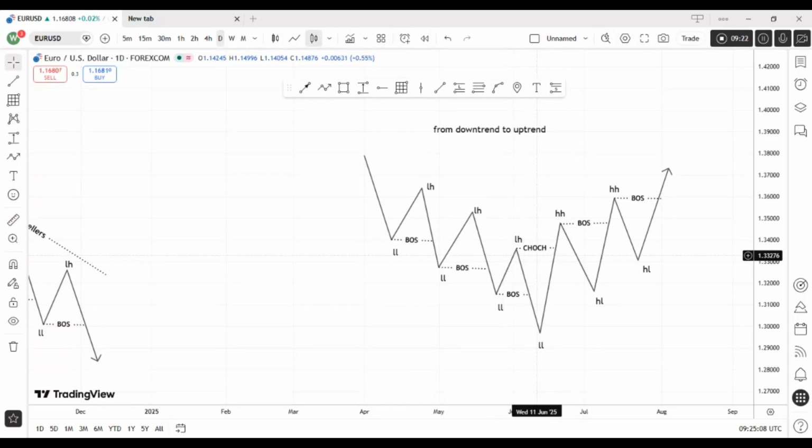This change of character just signifies to us that the market is changing trend.